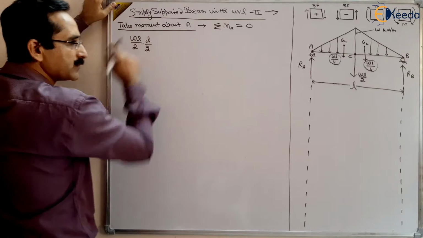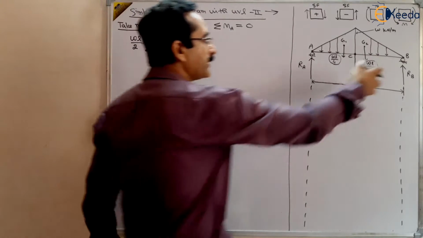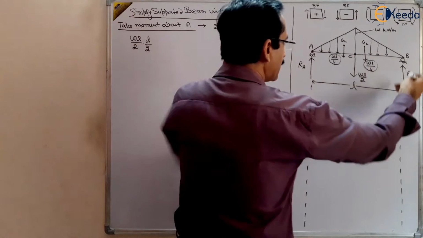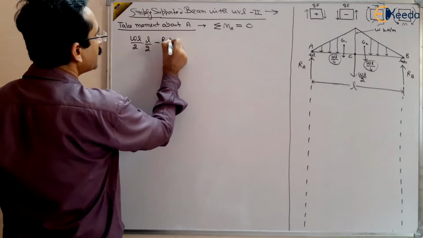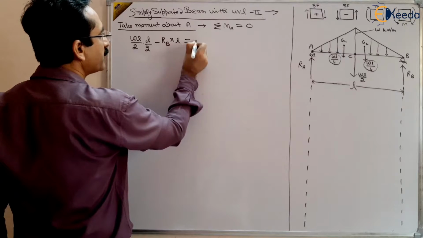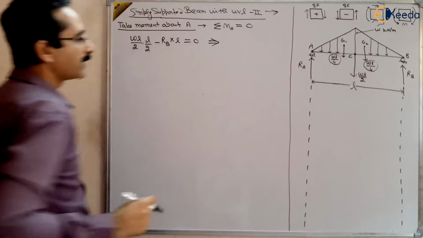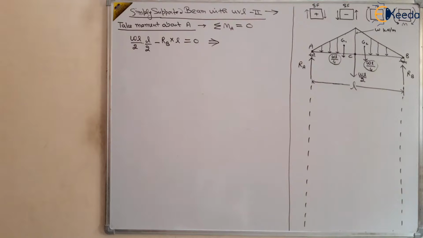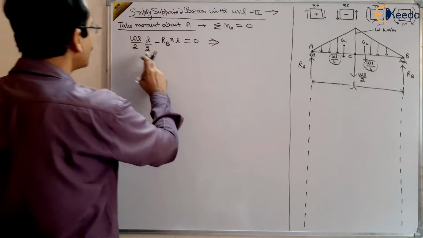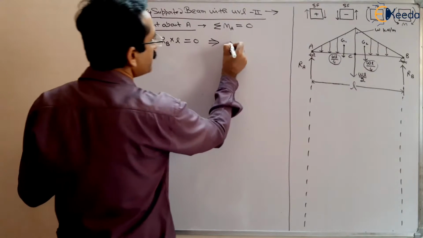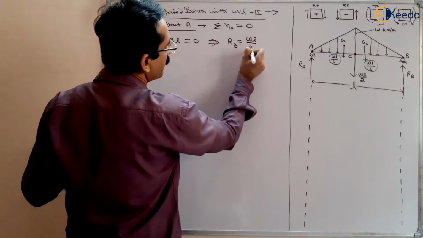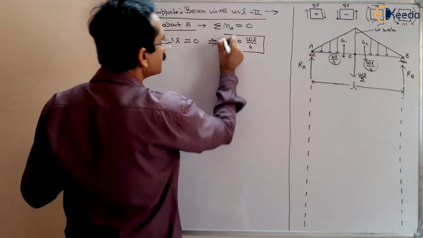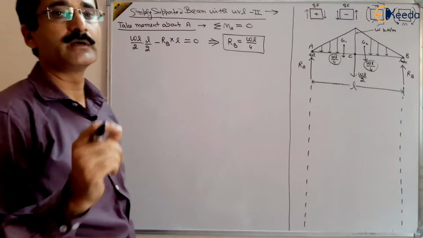Then minus RB multiplied by L, and that should be equal to 0. From here we can find the reaction RB. L will cancel out, and you will get WL by 4. So RB will be equal to WL by 4. This is one of the reactions.